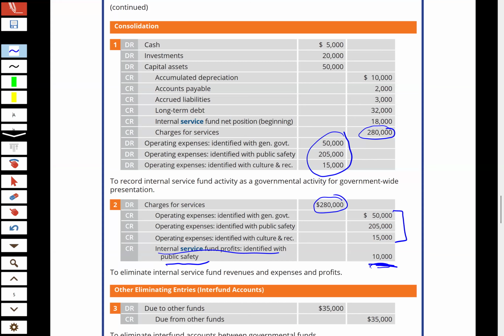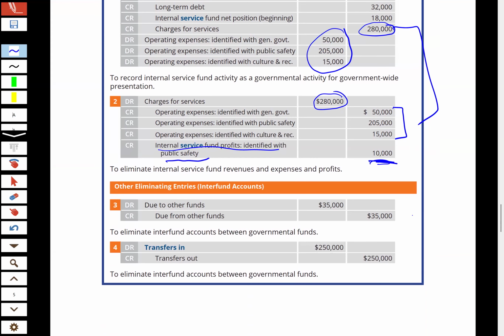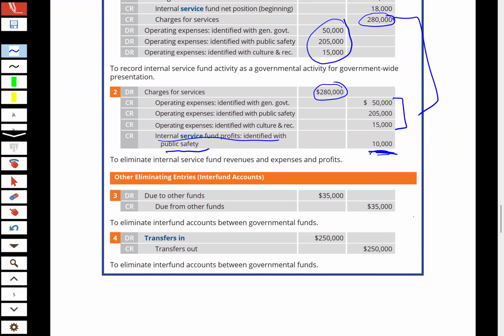So we go ahead, and by doing that, those set of entries right there, we are able to remove any interfund profit.